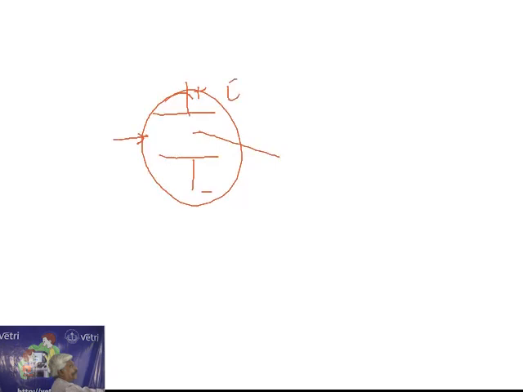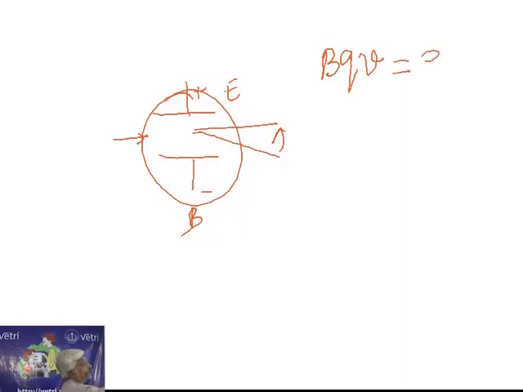So the electric field is E, the magnetic field is B, both applied mutually perpendicular to each other. Then only does the particle come to its original position. That means the magnetic force, Bqv, the Lorentz force, is always equal to the electric force, qE.